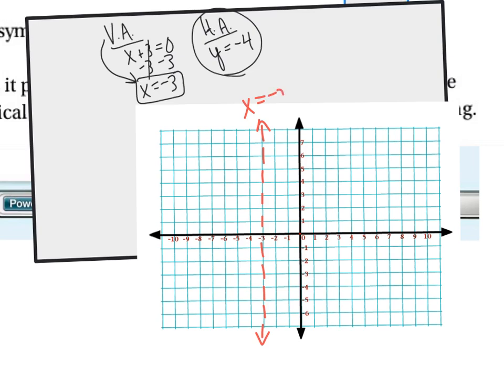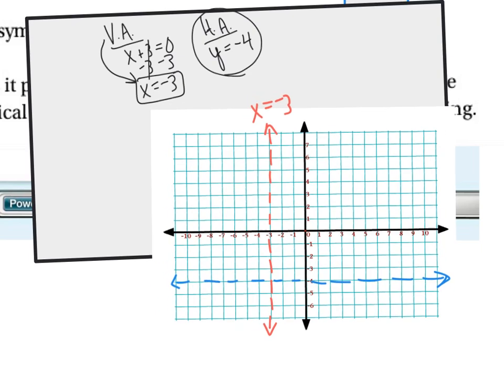So that's x equals -3. Horizontal is y equals -4. So y equals -4 would be like that. So these asymptotes are kind of like electric fences that the line's normally not going to cross over.